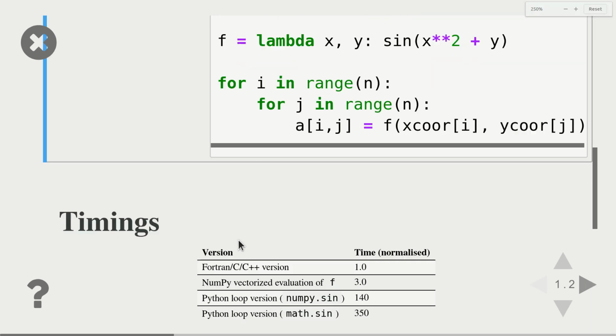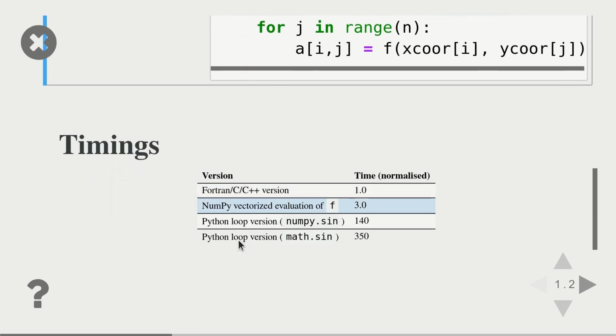If you look at the different timings for different implementations, if the Fortran and C++ version takes 1 second, then NumPy is roughly 3 times slower. If you do a Python loop version, then it's around 100 times slower using the NumPy sinus function.